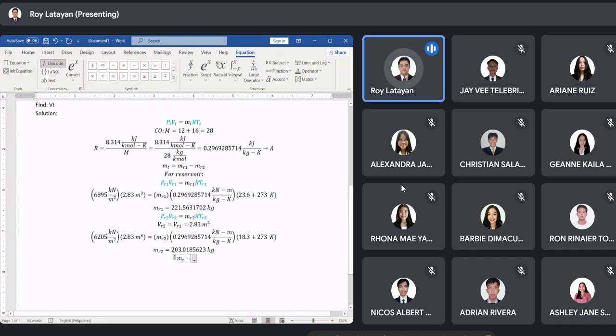Minus ito. So ito kunyari, in-store mo sa B. Ito, in-store mo sa C. Tapos ito is simply B minus C. Then, pa-compute na lang yung value na to.